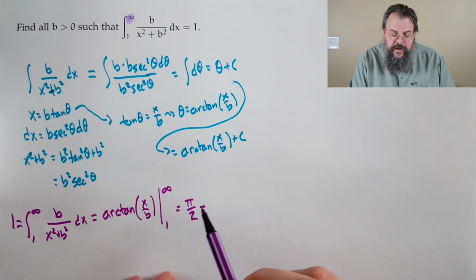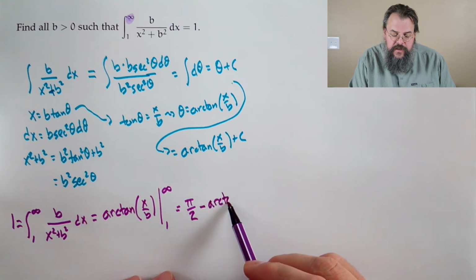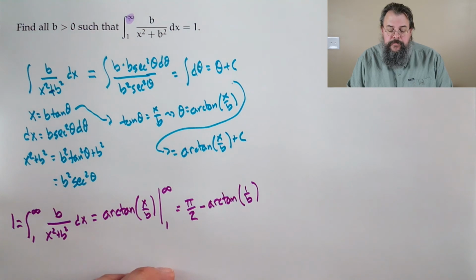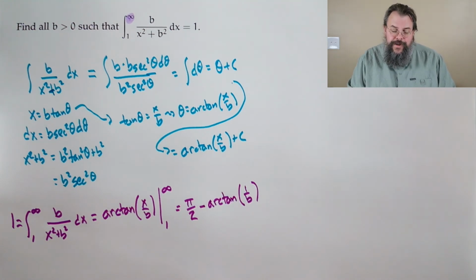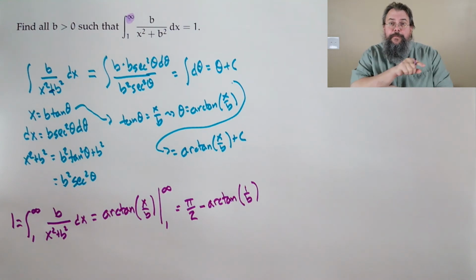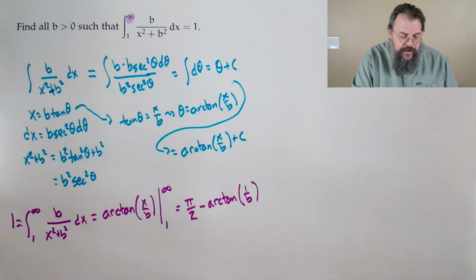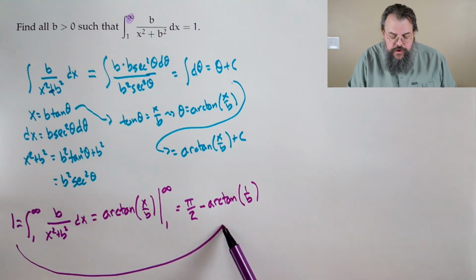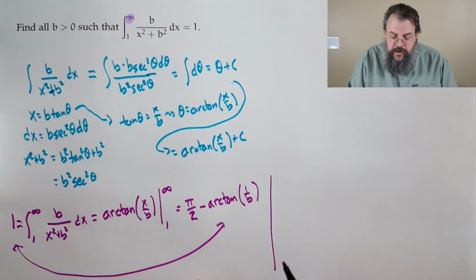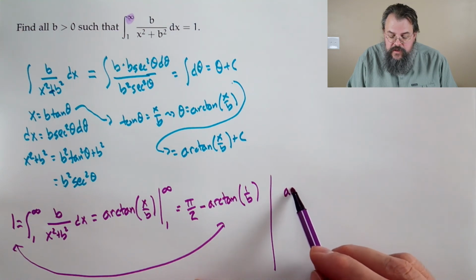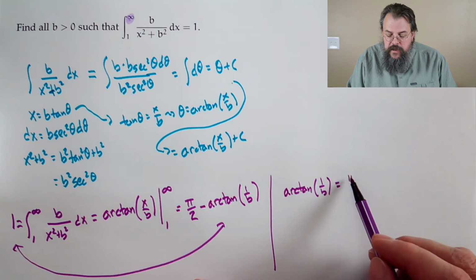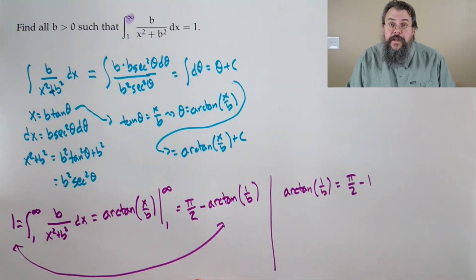Subtract arctangent of 1 over b. Great. Remember that equals 1. So we can swap the 1 and the arctangent of 1 over b. That says arctangent of 1 over b is equal to pi halves minus 1.